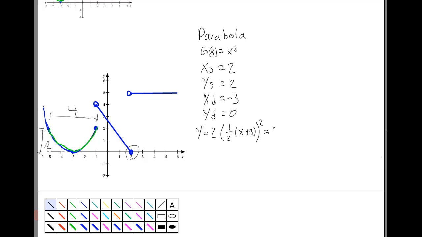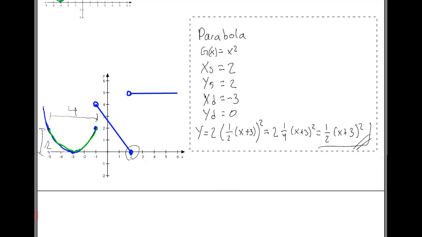We have the 1/2 squared, that is 1/4, and also the x plus 3 squared. That means 2 over 4 is the same as 1/2 times x plus 3 squared, and here we have the canonical form.